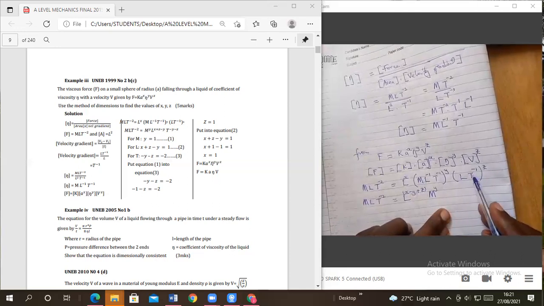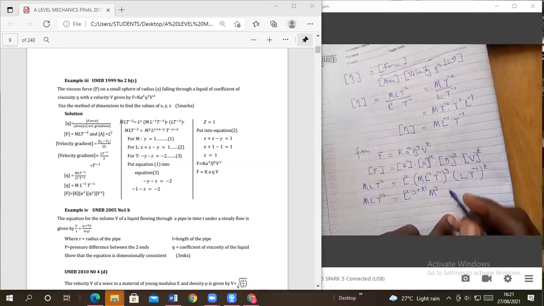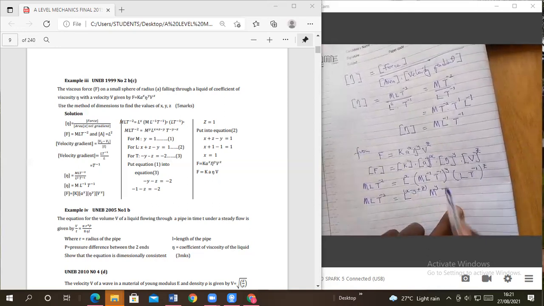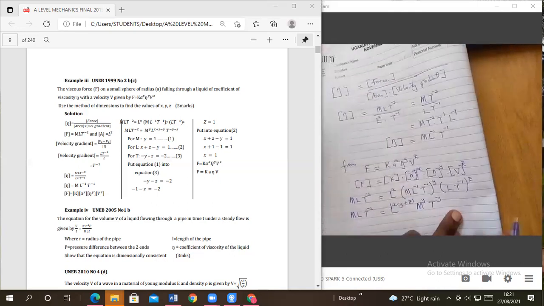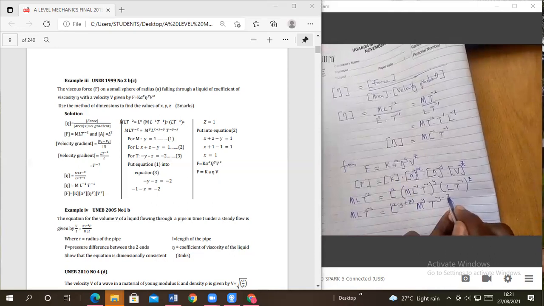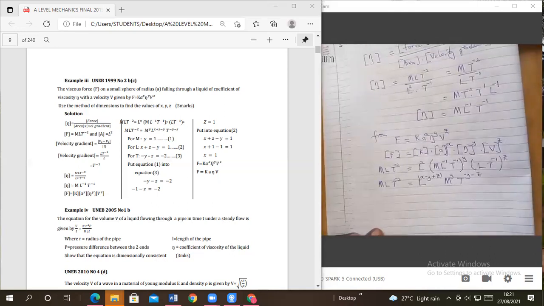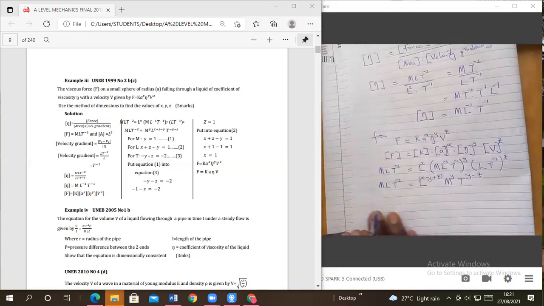There's no M now, right? We go to T. I have T here, but T here is to the negative power, negative Y, minus Z. Very good. So we have that.